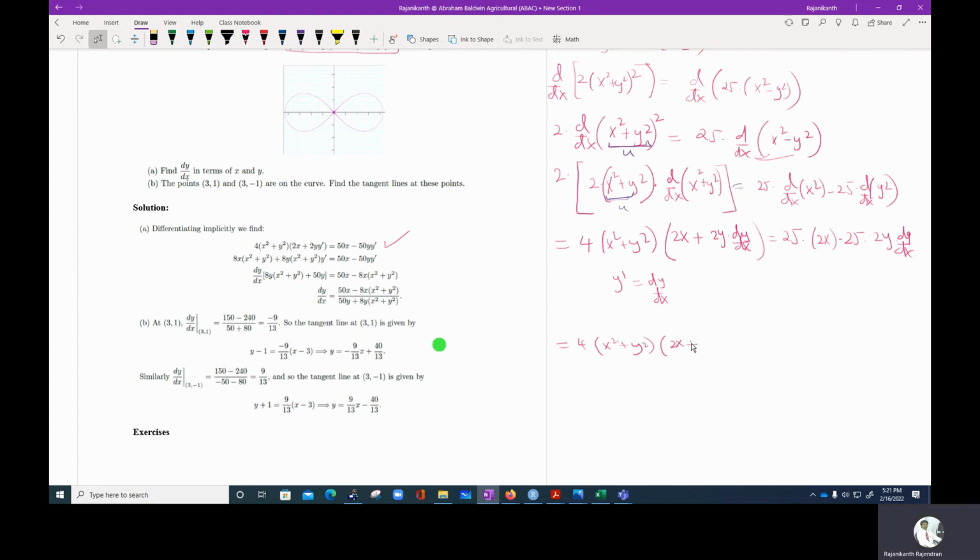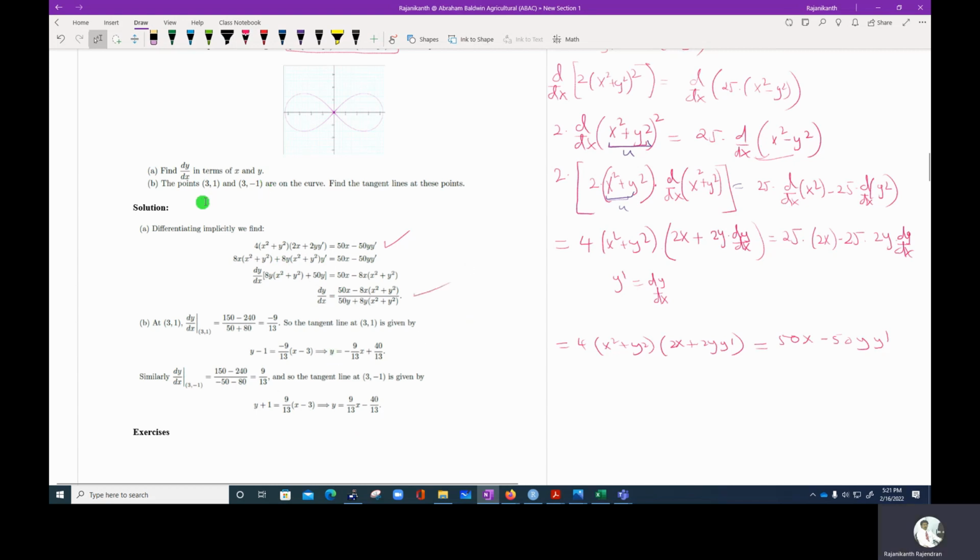That's 2x plus 2y y prime. This side, 25 times 2 is 50x, and here also 50y, but this is y prime. After that, solve this equation for dy over dx and make sure that you get this answer.